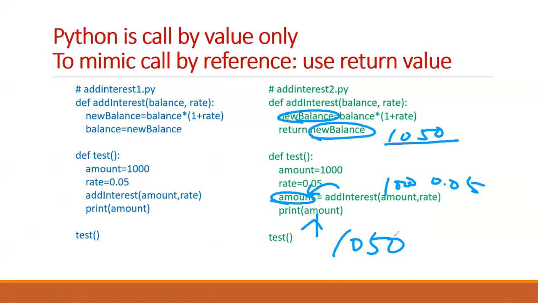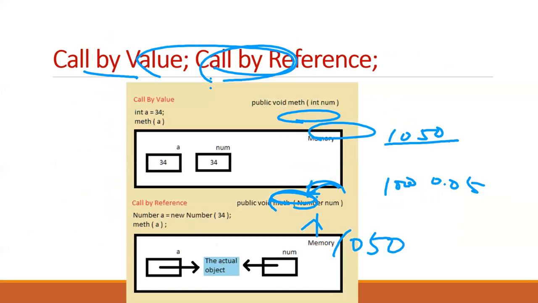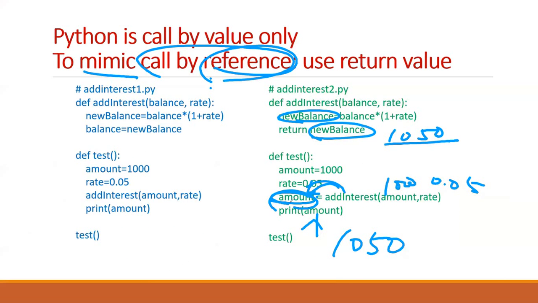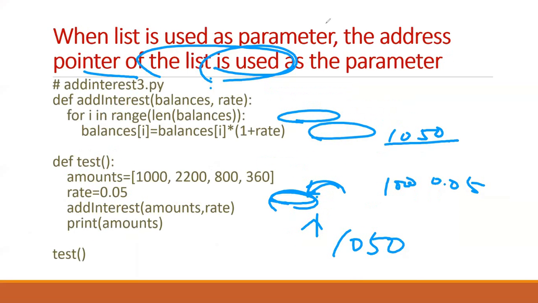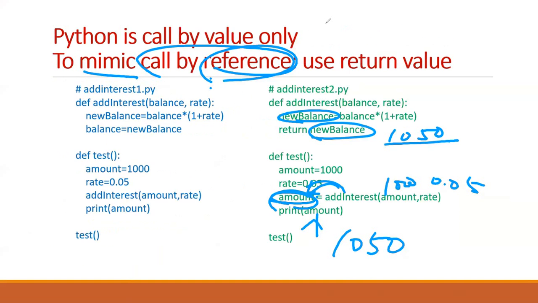This is not call by reference, but it mimics call by reference. If you assign a value to amount, it would change. But the one on the left is not assigning it and doesn't have the return value, so it has nothing to do with the outside amount value.